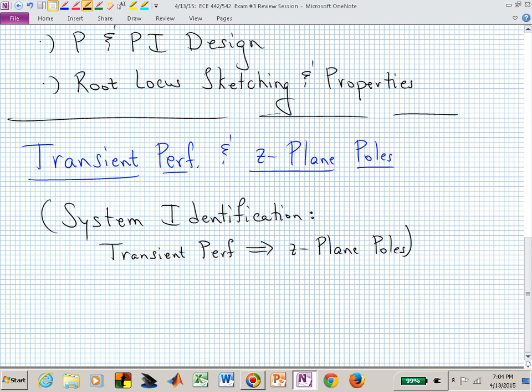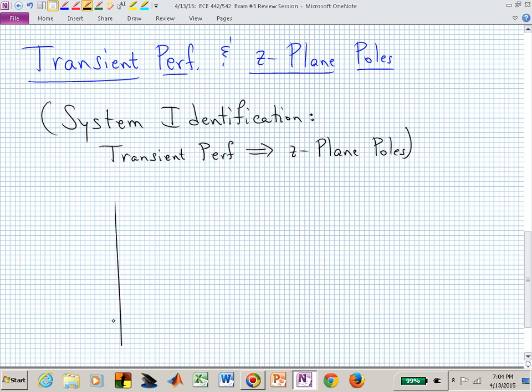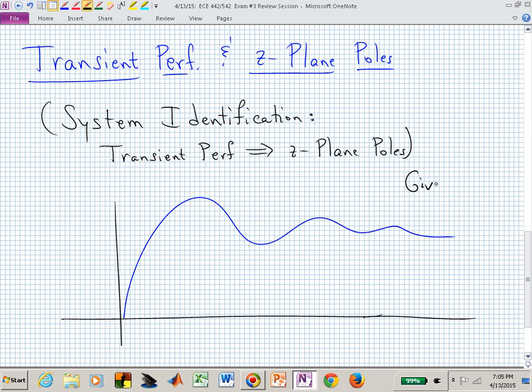Meaning maybe on the exam you might be given some response. And now what you need to do is figure out how you come up with the transfer function that corresponds to that, and here we're assuming it's a second order system.